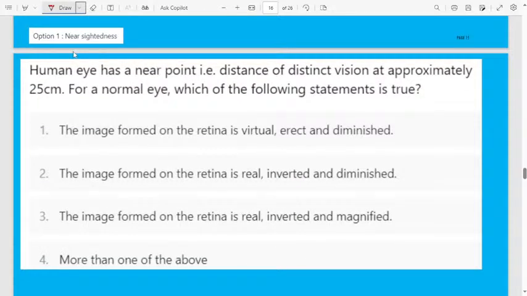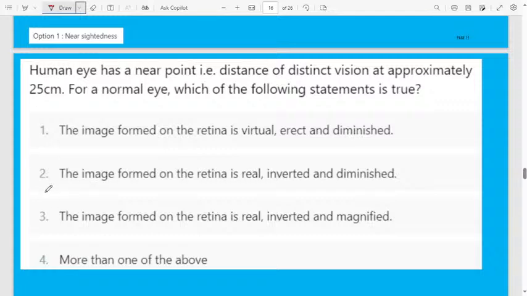Next question. The human eye has a near point, that is the distance of distinct vision, at approximately 25 centimeter for a normal eye. Which of the following statements is true? First option, the image formed on the retina is virtual erect diminished.